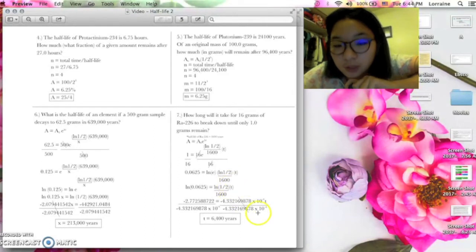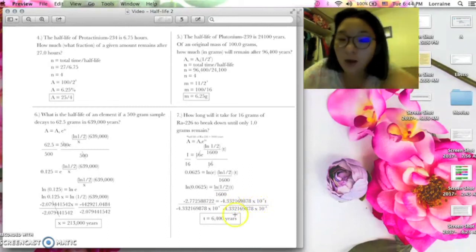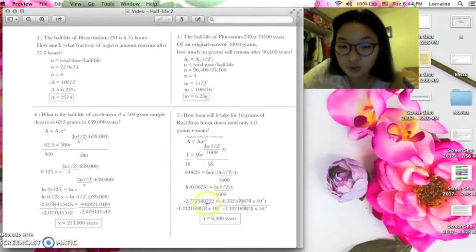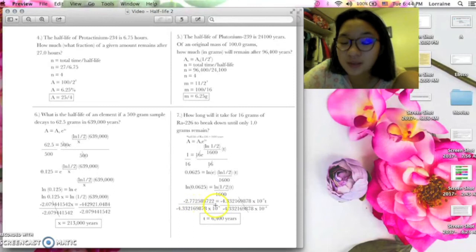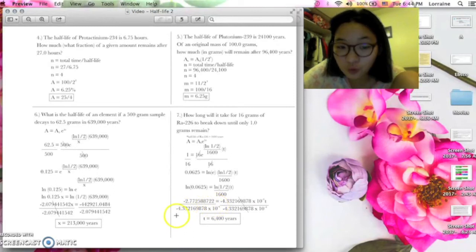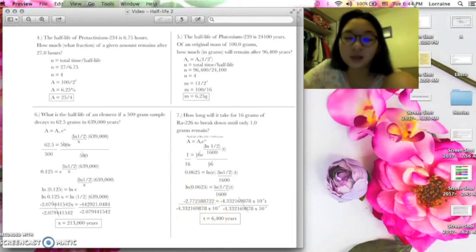Then we multiply it by t, and we cancel out negative 4.3321698878 times 10 to the negative fourth power on both sides of the equation, and we get t equals 6,400 years by dividing negative 2.7725888722 by negative 4.3321698878 times 10 to the negative fourth power.